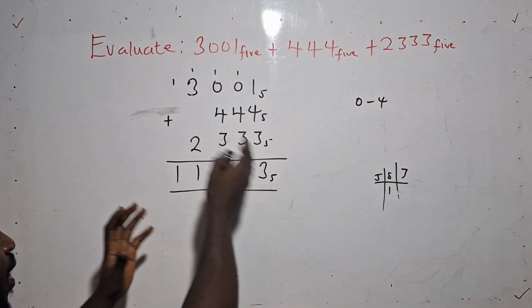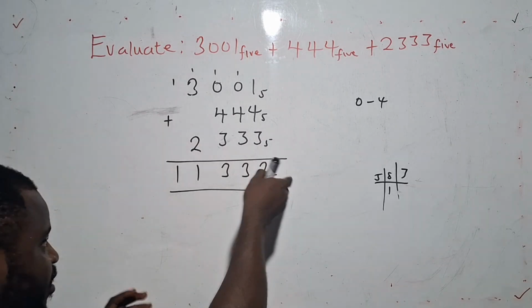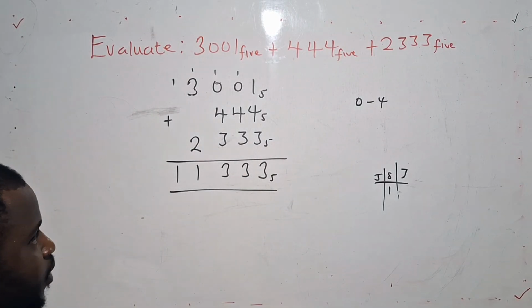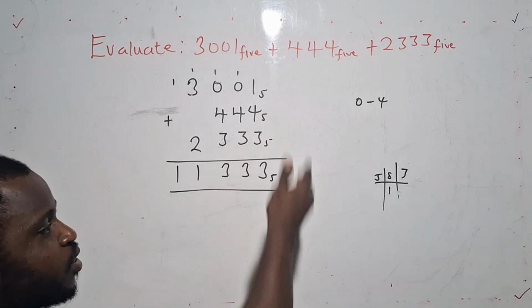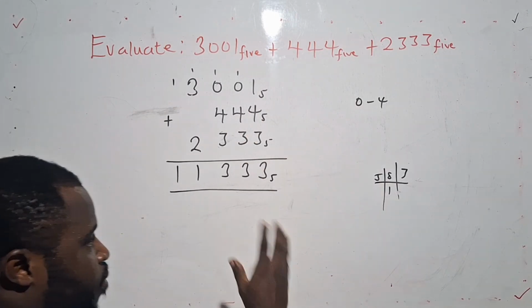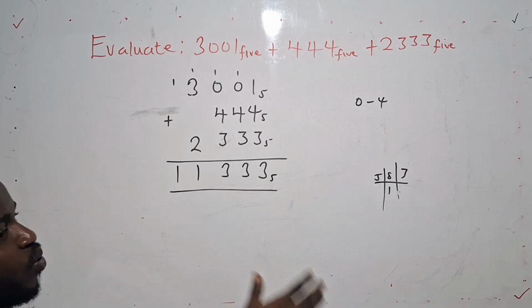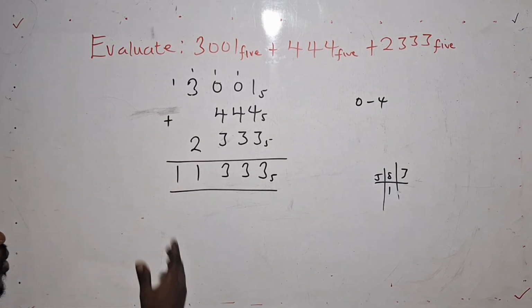So you saw how I added it in my previous video, and it does the same thing I've done here. So you add, and the answer you get, if it is more than the base, you divide. If you are confused, use the table, and remember we keep the remainders as the what? The answers. Yes, we keep the remainders as the answers.